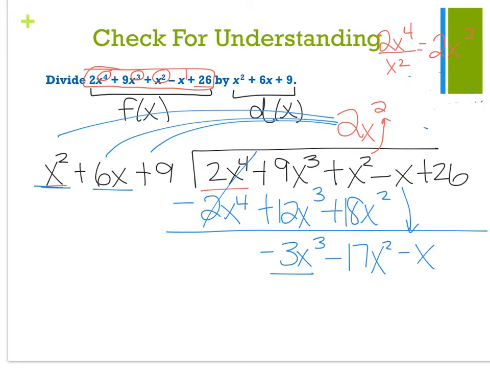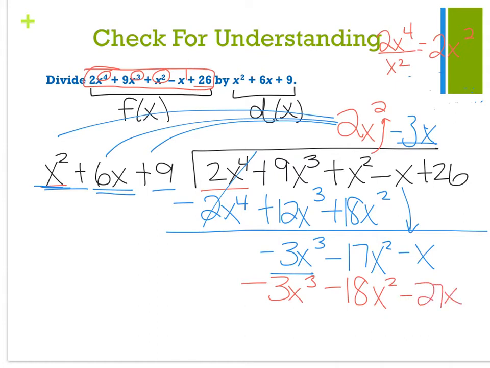And we said that we get negative 3x here. Again, I'm going to multiply this negative 3x by each of the terms in my divisor. So I end up with negative 3x cubed minus 18x squared minus 27x.